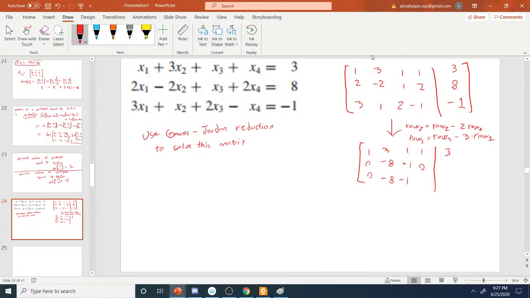And if I subtract, hold on, if I subtract 3 times 1 from here, I'm going to get negative 4. If I subtract 2 times 3 from 8, I'm going to get 2. And if I subtract 3 times 3 from negative 1, I'm going to get negative 10.